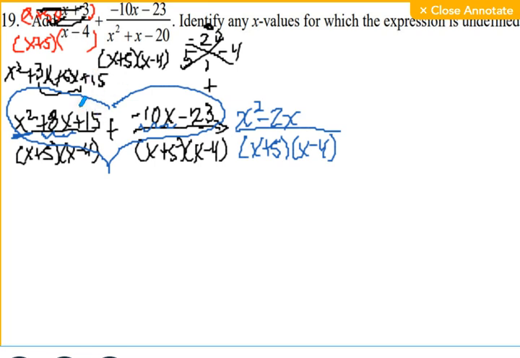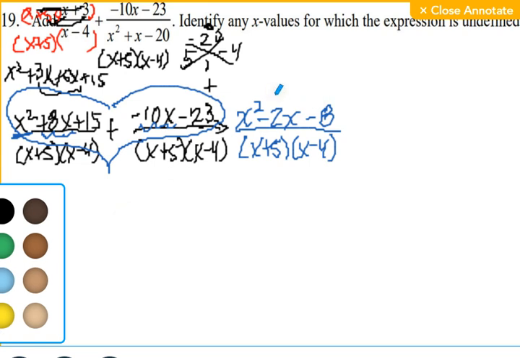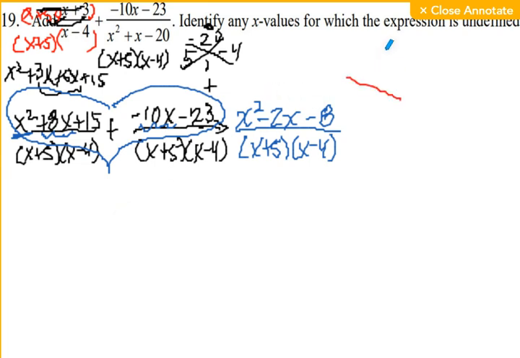Then we got 15 minus 23, that is what? Negative 8. All right. But we still can't simplify because we need to do what? Factor one more time the numerator. So this numerator right here, that is correct. We got negative 8 and negative 2.